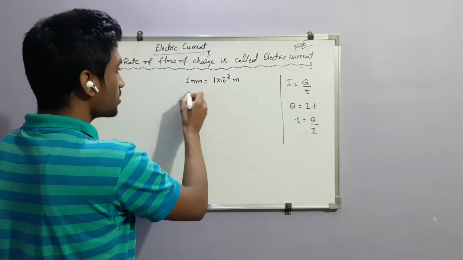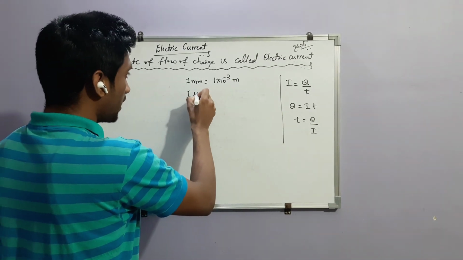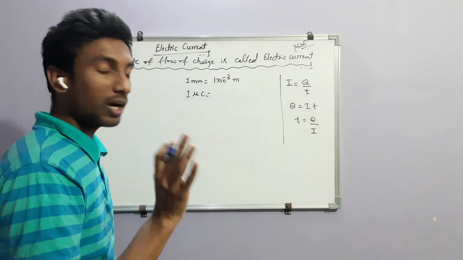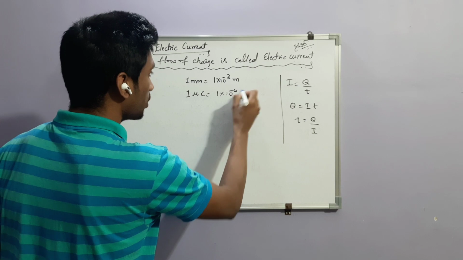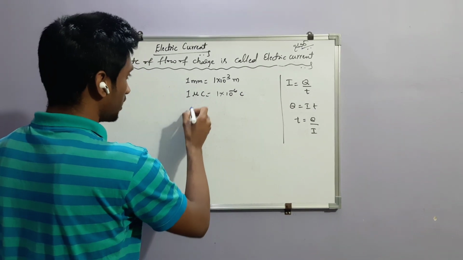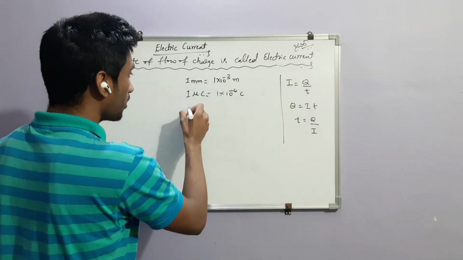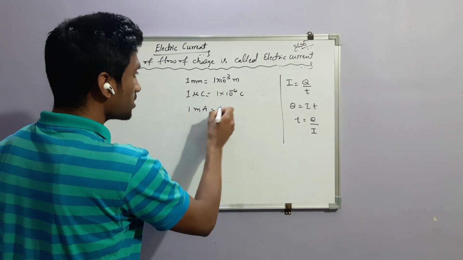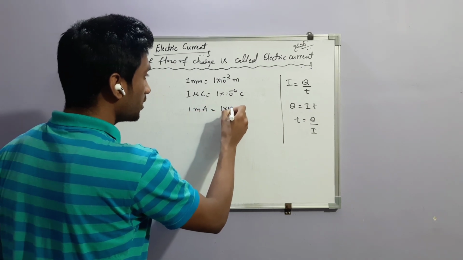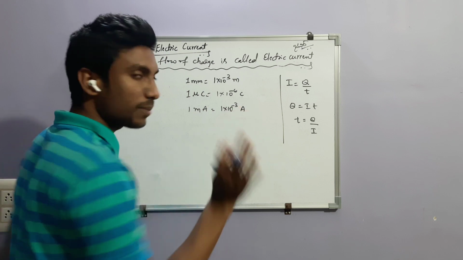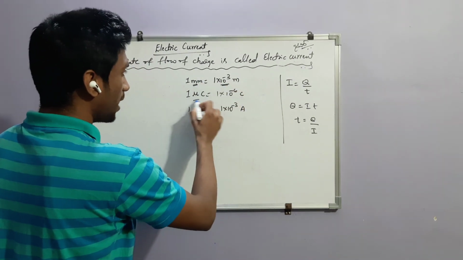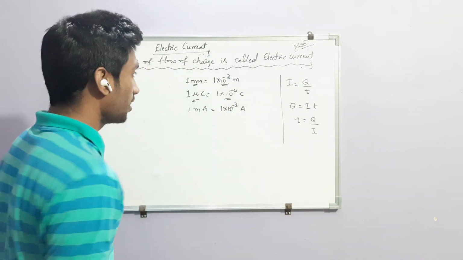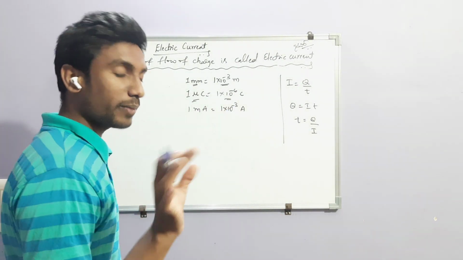Also 1 micro coulomb is 1 into 10 power minus 6 coulomb, and 1 milliampere is 1 into 10 power minus 3 ampere. Like this we have to convert. Millimeter means 10 power minus 3, micro means 10 power minus 6, centimeter means 10 power minus 2.